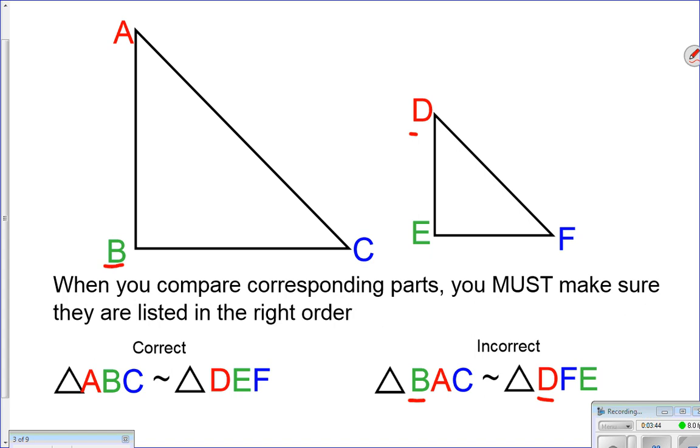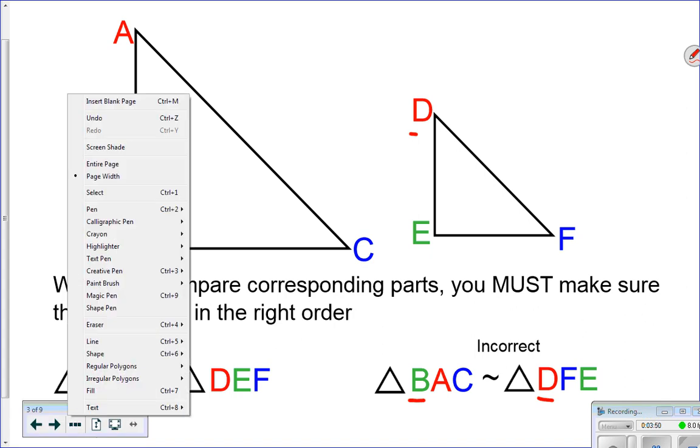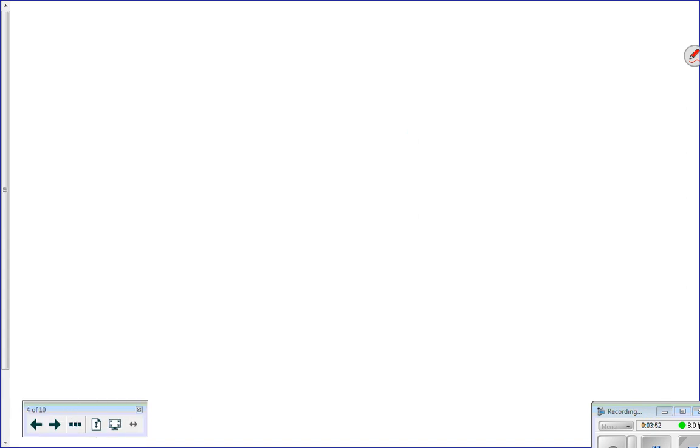All right? And that's going to help you too, because today what they're going to do, and I did not show this to the last class, so I hope somebody gets on my video and watches it tonight. They're going to say something like this: triangle ABC is similar to triangle DEF.